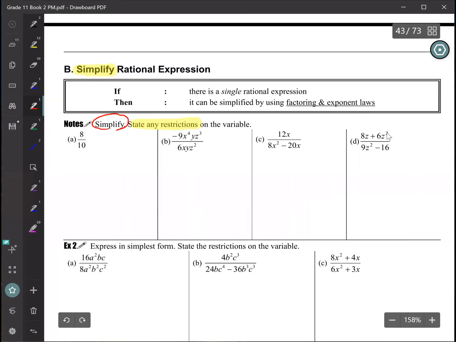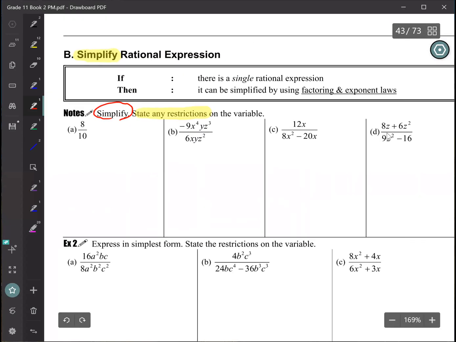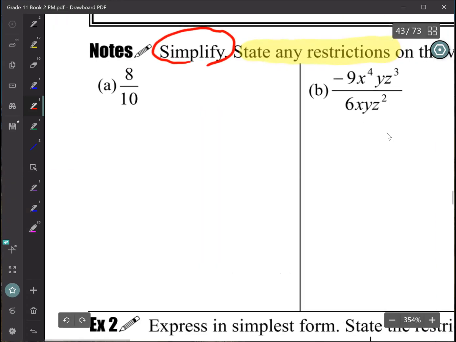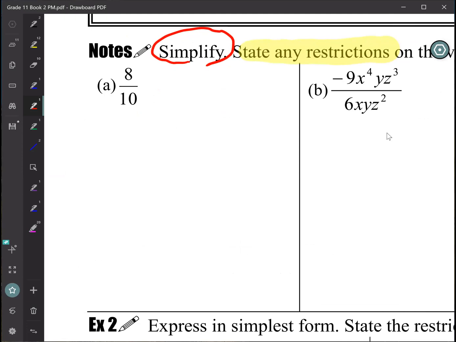So simplifying a single rational expression is similar to the way you simplify a regular fraction with only numbers. So we'll try to learn this using the same idea of regular fractions. Normally when we see 8 over 10, right away, because you've done this so many times, you would just divide top and bottom by the same number.